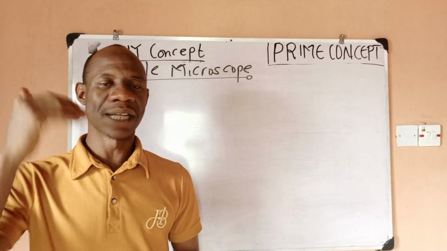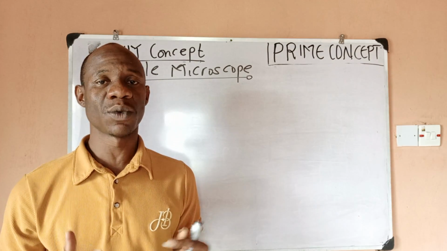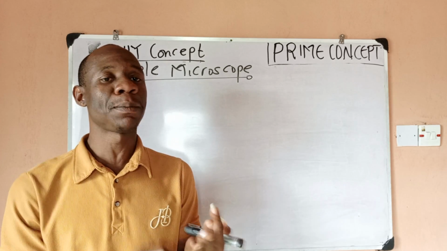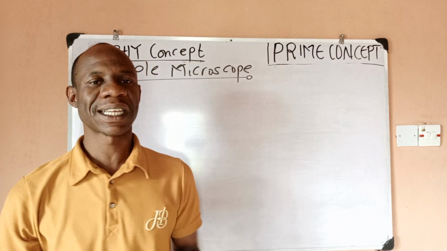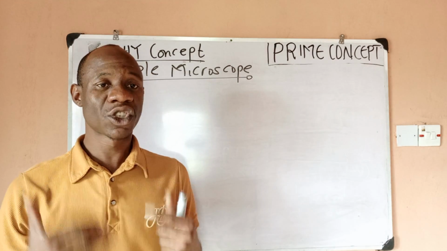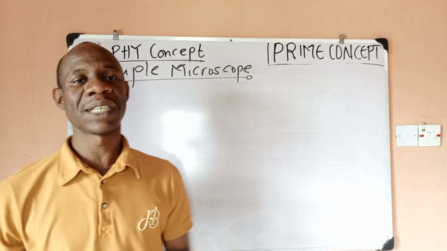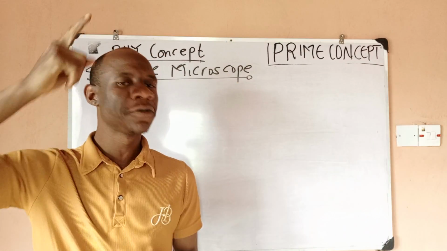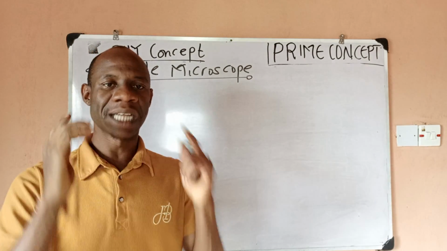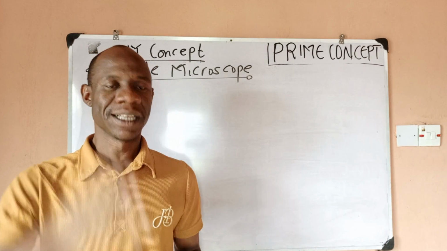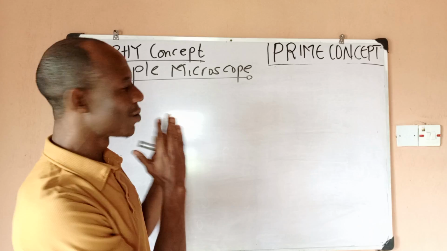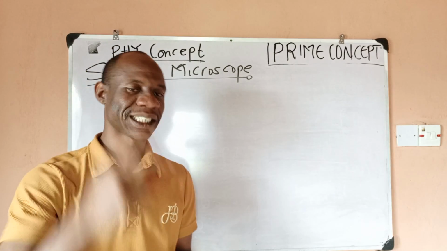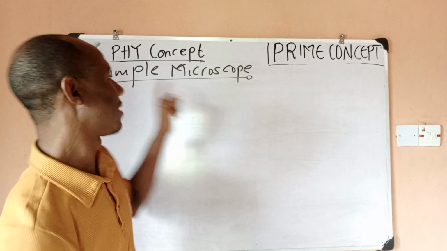And one of the positions we considered was when an object is placed between the focal point and the optical center of that lens. We saw that when you place an object in this particular position, the image is going to be highly magnified, erect and virtual. So it is that condition for which a convex lens can be used as a simple microscope.